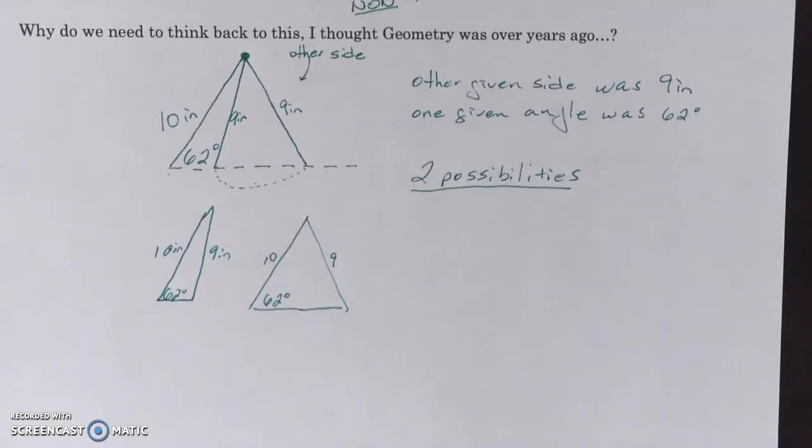So if we're only given that information, we wouldn't know which of the 2 we were talking about, which means we couldn't prove congruence from that. There's a video at the bottom of your semester 2, week 1 folder that has another good visual, similar to what I did, but in real time. So if you're curious and want to see that visual representation of why there are 2 possible triangles when we're given side-side-angle, check it out.